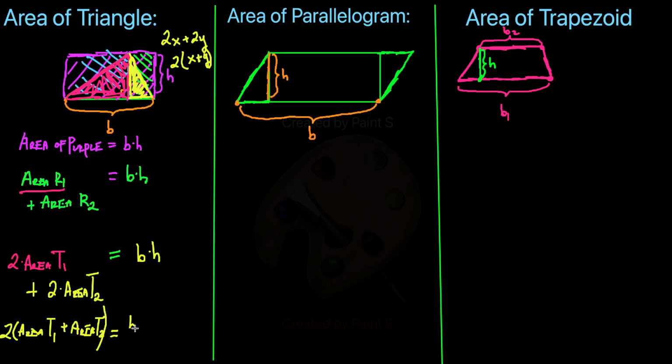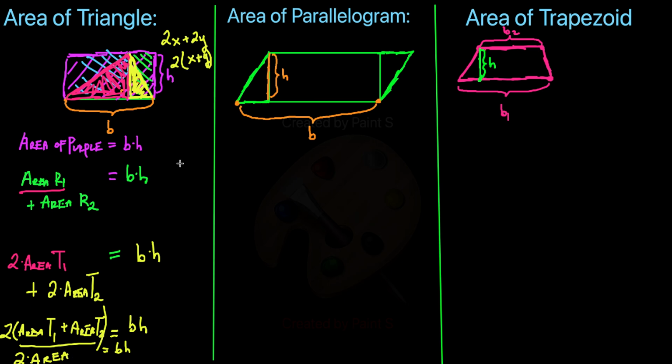equals base times height. And the area of triangle 1, this pink triangle right here, plus the area of triangle 2, that's the area of our original triangle. We want that area. So this inside part we should see as the area of our triangle, which is what we actually care about. So 2 times the area of what we care about is equal to base times height.